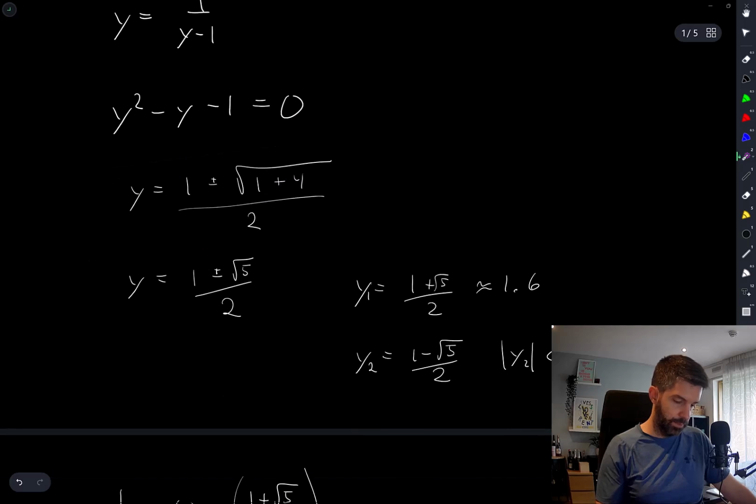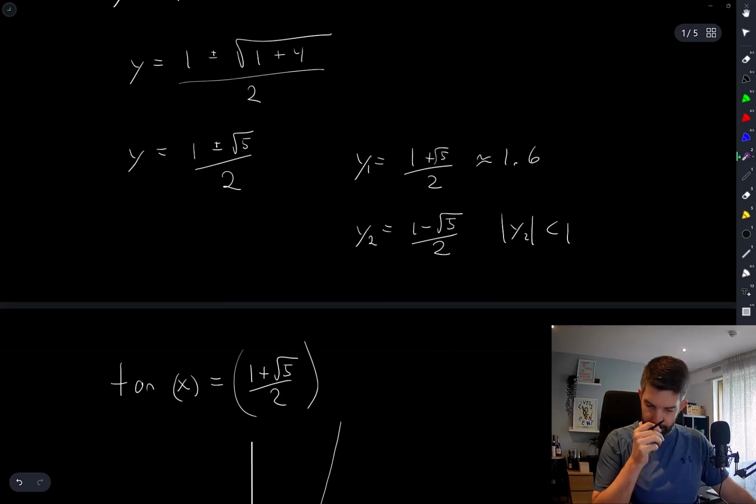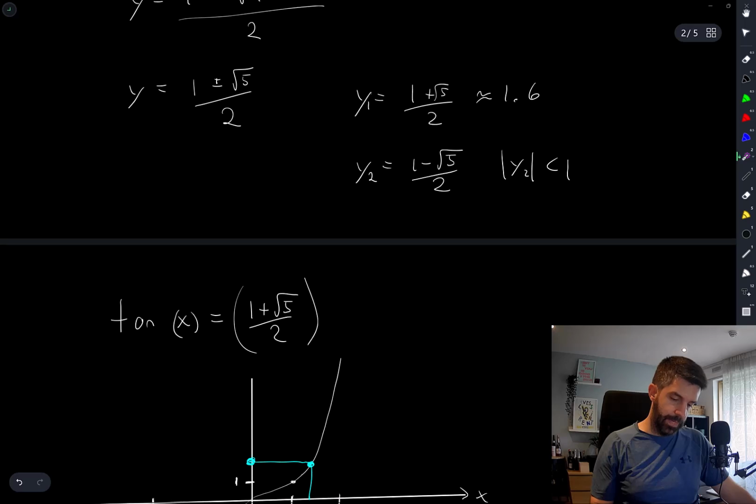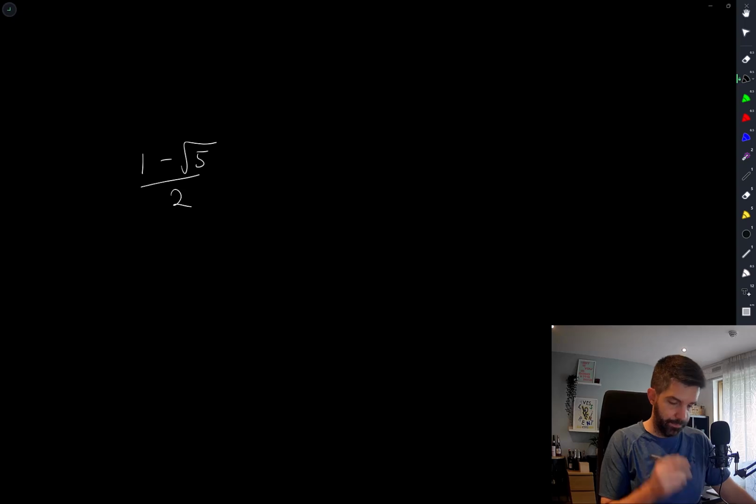I'm pretty sure that 1 minus root 5 over 2 has absolute value less than 1.